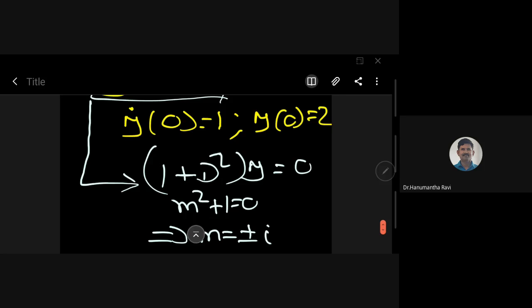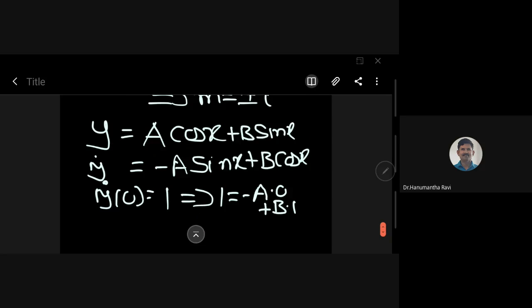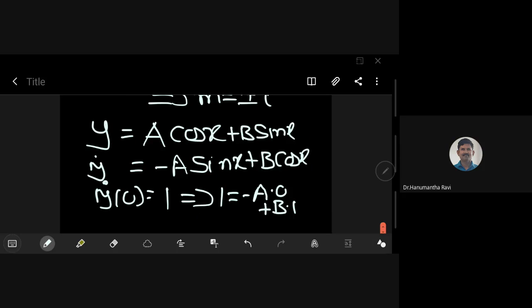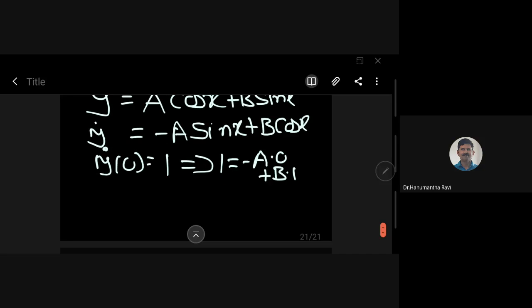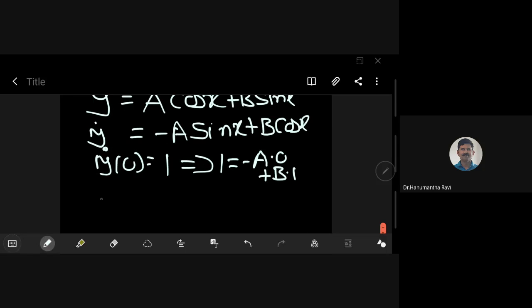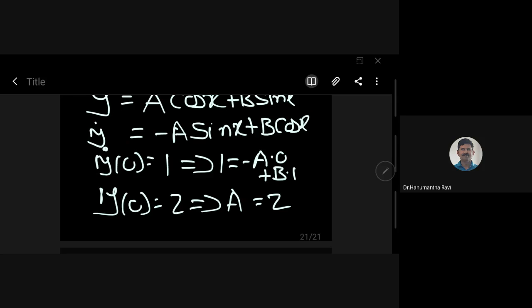On the other hand, y(0) is 2, that is also there. So a into cos 0 plus b into sin 0 is 2.